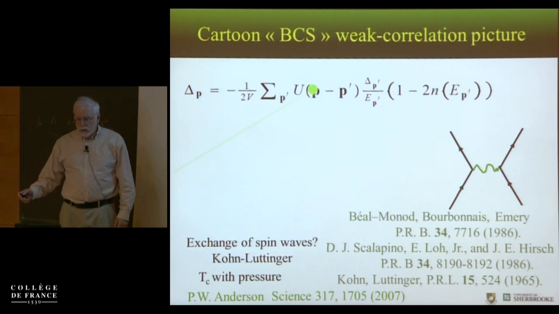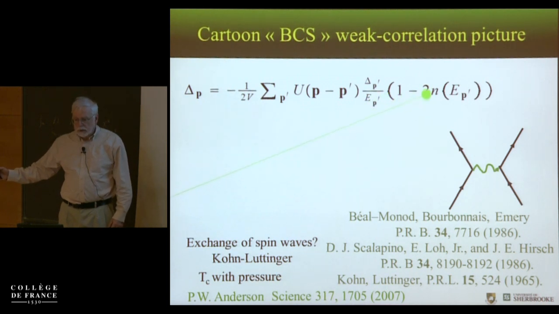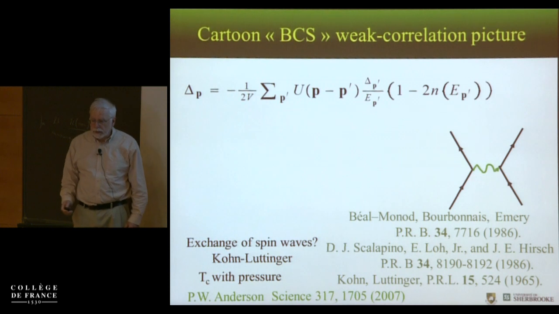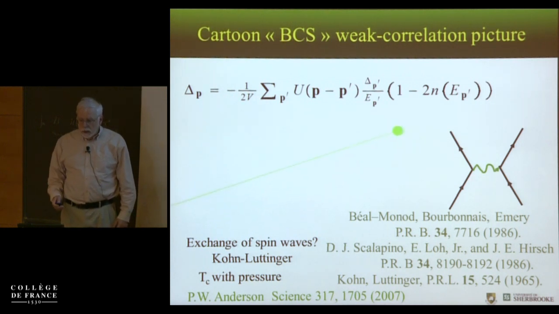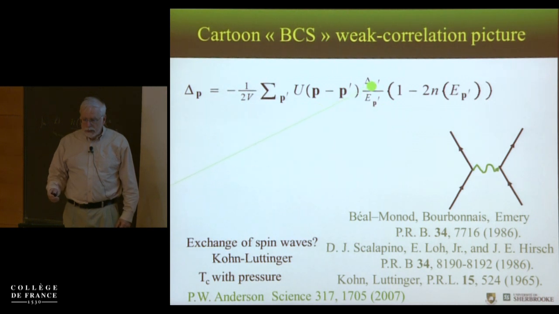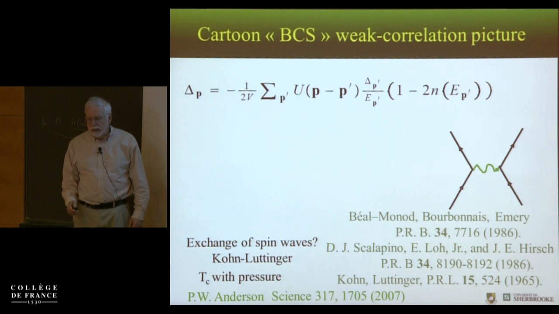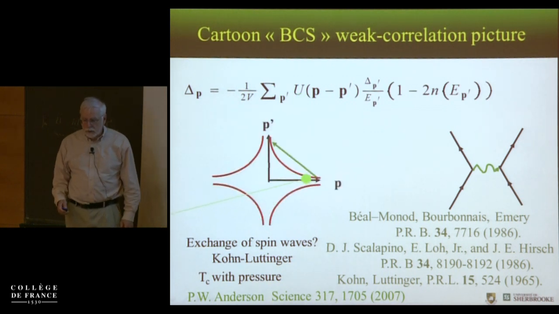So suppose that U is attractive here. It means it's negative, so you get rid of the minus sign. Now everything else here, the energy, 1 minus twice the Fermi function, the energy is the square root of epsilon squared plus delta squared, so all of this is positive. So if U is negative, you can take delta to be a constant, and you get a solution to the gap equation. If U is repulsive, you can still get around in this way.